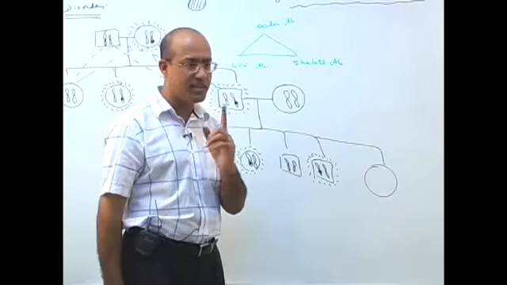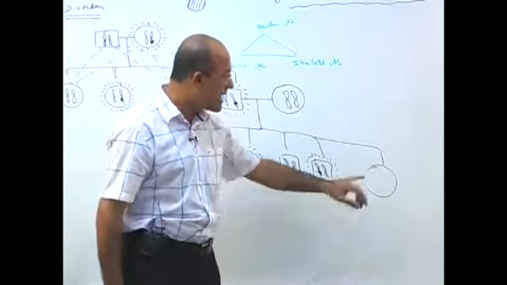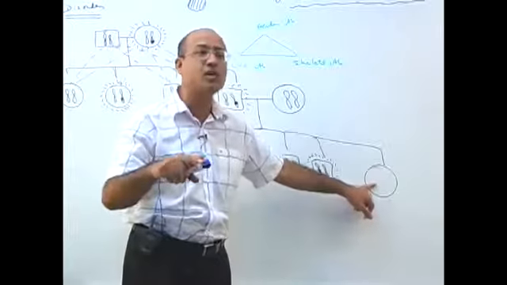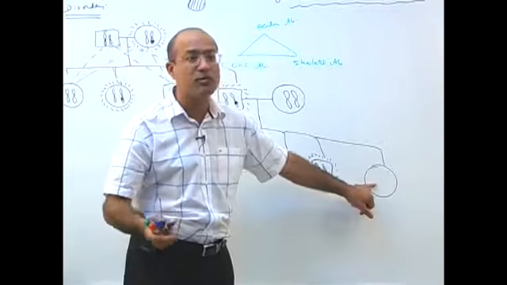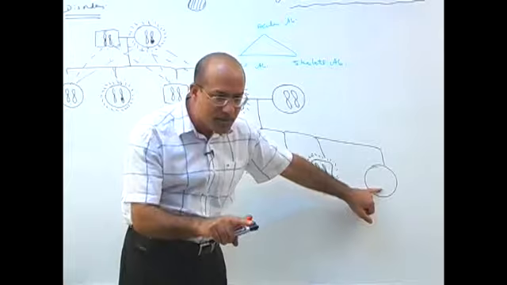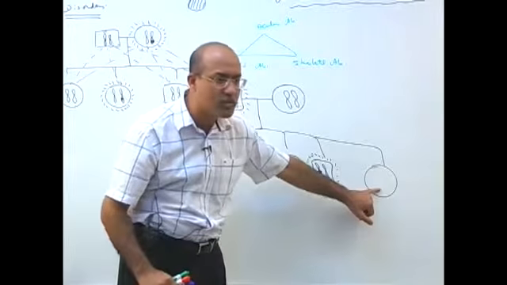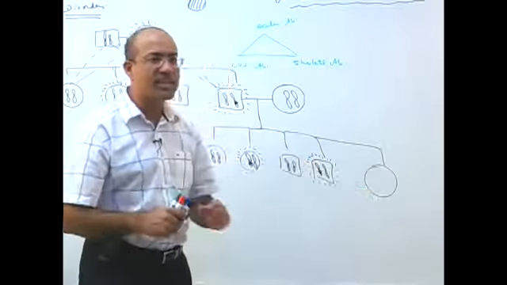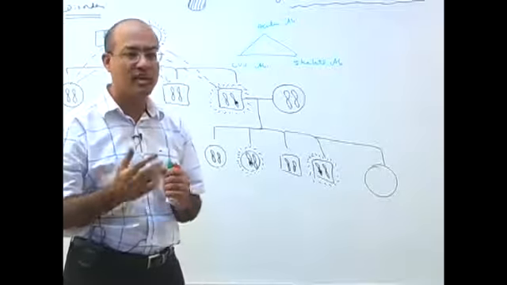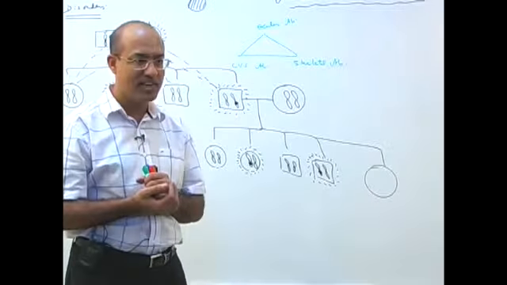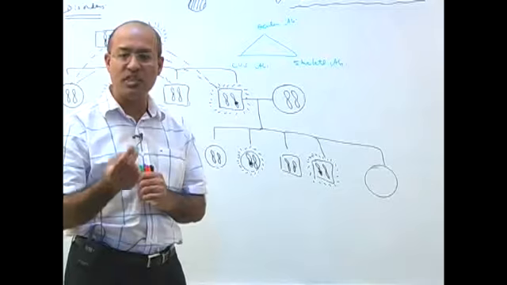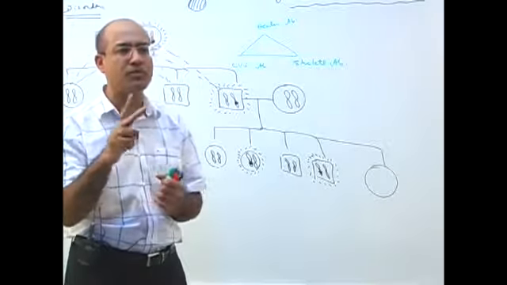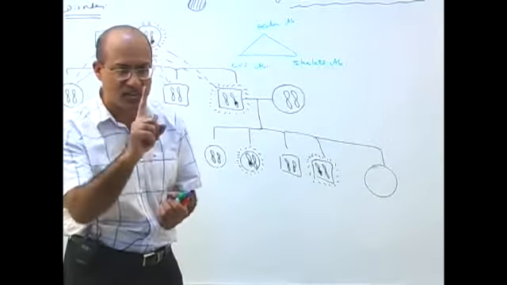Every pregnancy is an independent event, and we cannot say it will be definitely normal or definitely abnormal. Actually 50% chances to be normal, 50% chances to be abnormal. So in autosomal dominant disorders, for every pregnancy chances are 50% may be normal and 50% may be abnormal. This is the first thing.